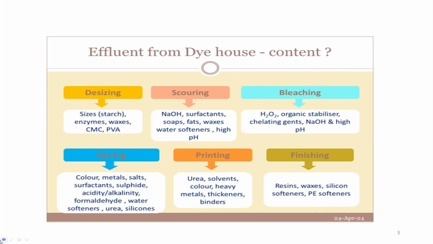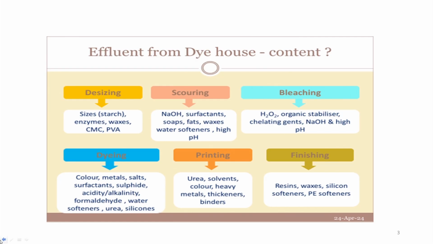Bleaching step will have hydrogen peroxide, organic stabilizer, chelating agents, sodium hydroxide, and again will have very high pH. Dyeing step will have color, metal, salts, surfactants, sulfide, could be acidic or alkaline, formaldehyde, water softeners, urea and silicones.